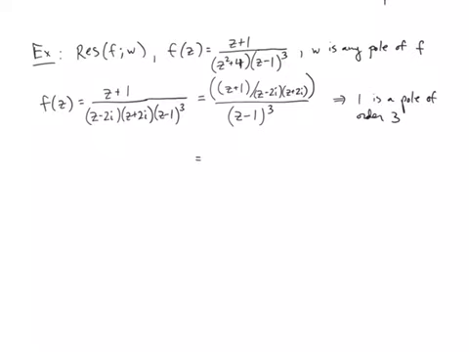Alternatively, we have z plus 1 divided by z plus 2i times z minus 1 cubed, and then all that divided by z minus 2i. For similar reasons, this tells us that 2i is a pole of order 1.